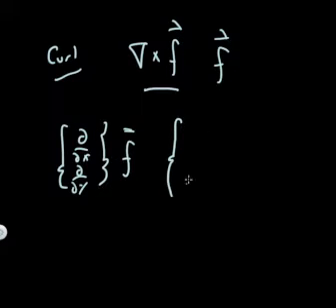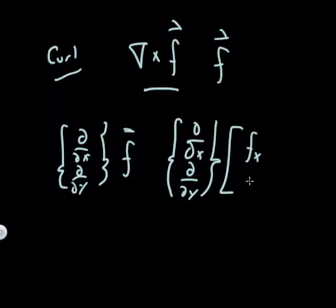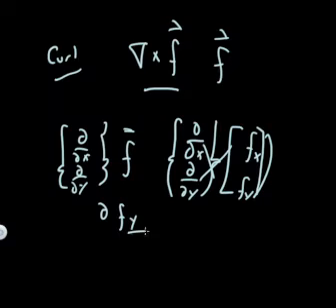So in this case, let's say something like this, and then we have a vector F, Fx, Fy. So then we would do a cross product, so partial Fy by partial x, minus partial Fx by partial y, and hence we would take the cross product for the curl.